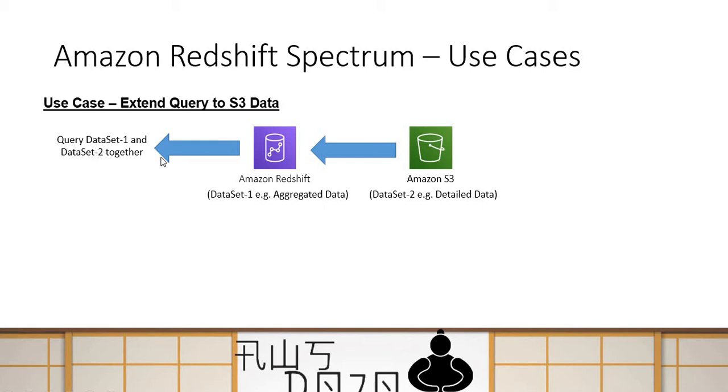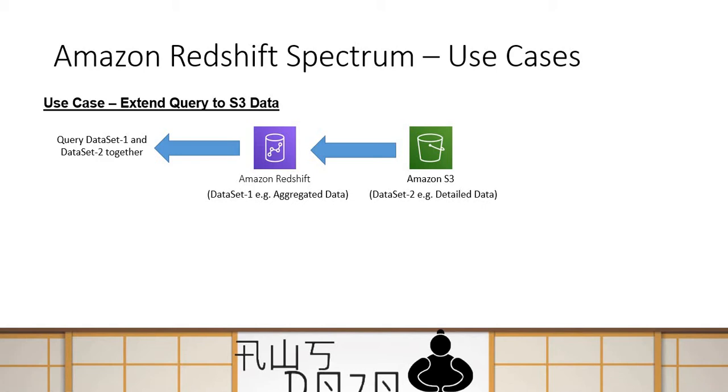Now, what happens in such a case is that for aggregated data, the query goes to Redshift. But when you want to drill down, that means you want to see the calculation behind some aggregated data, or the rows or details behind some aggregated view, in that case they go all the way to S3 data.